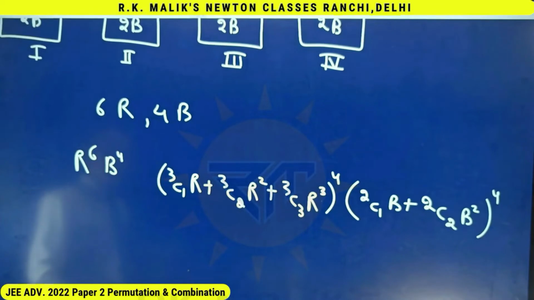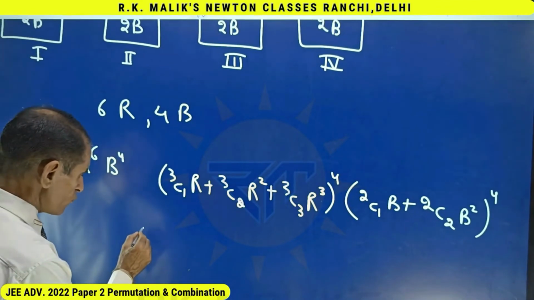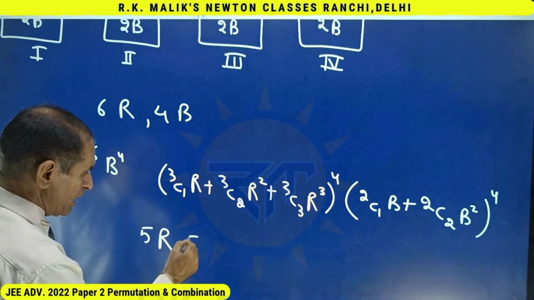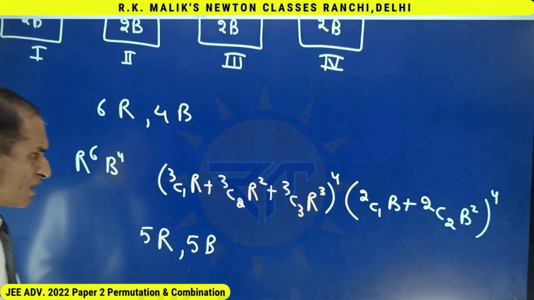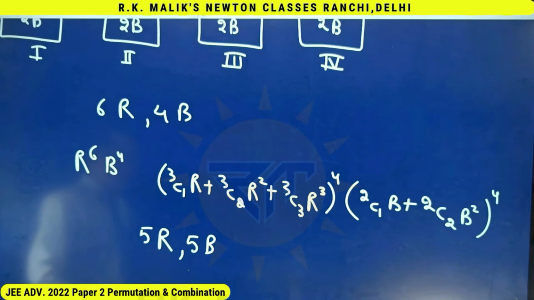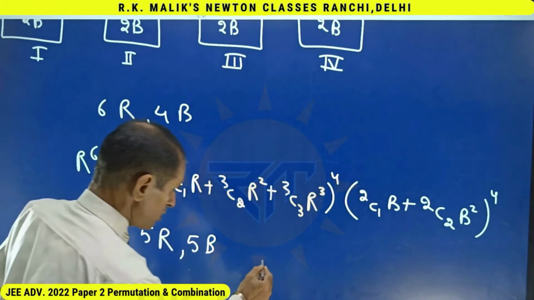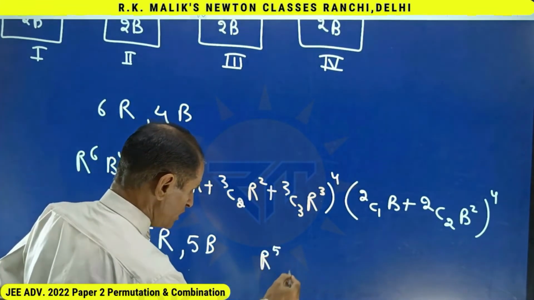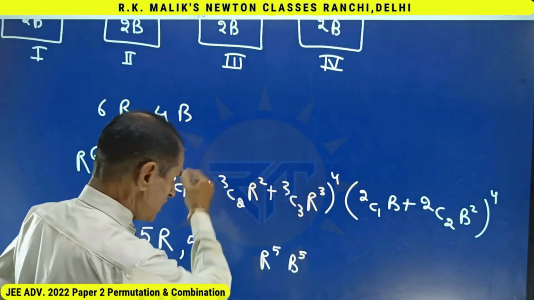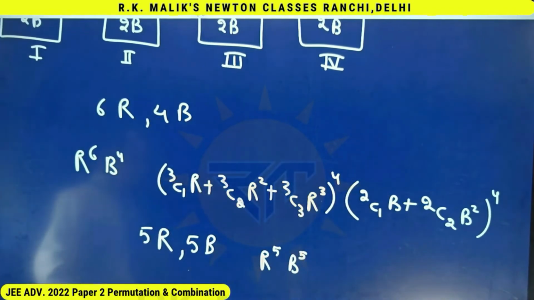Similarly, the number of ways of choosing 10 balls such that among the 10 balls 5 red and 5 blue balls are there, and the condition is the same, that every box is giving at least one red and at least one blue ball. For that, the number of ways will be the coefficient of r to the power 5 into b to the power 5 in the expansion of the same thing.